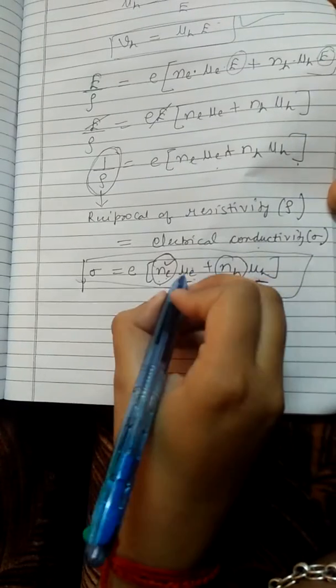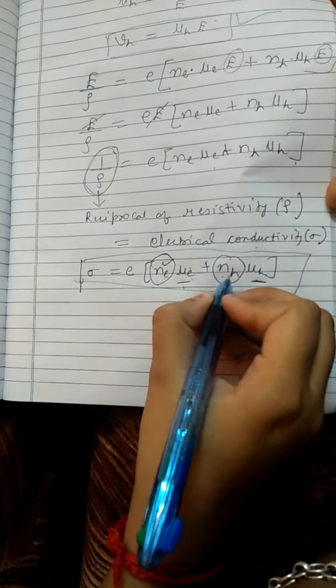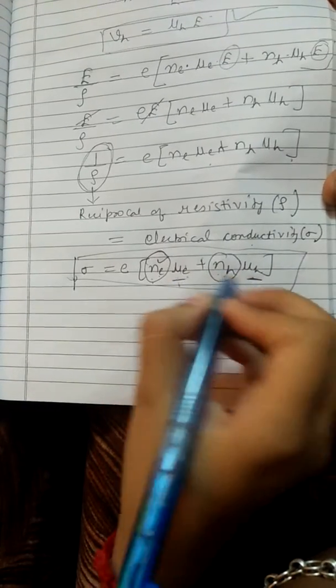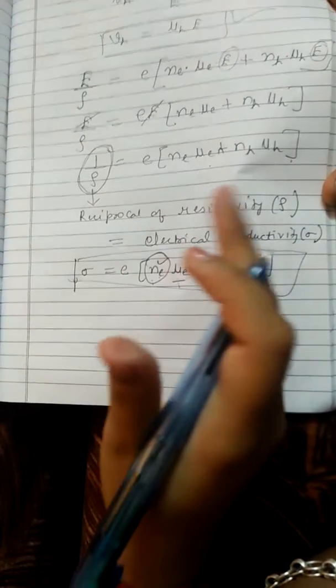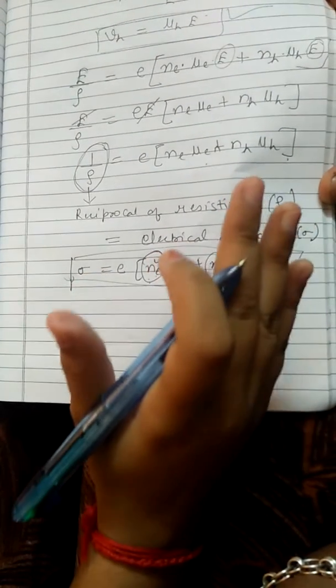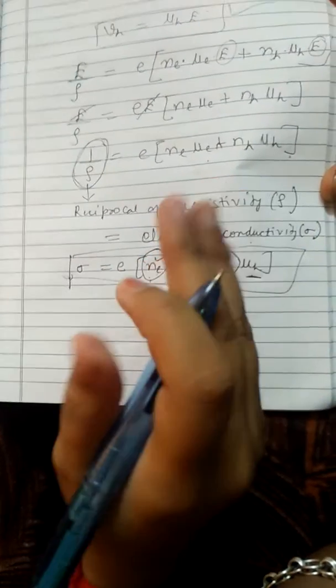As the number density of electrons and holes increases with rise in temperature, the conductivity of the semiconductor increases. As we increase the temperature, the conductivity also increases. So with the rise in temperature, the resistivity decreases.